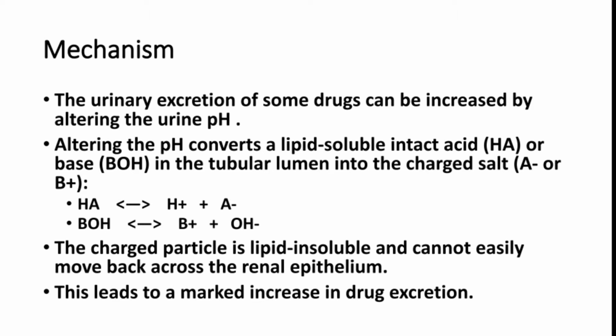This charged particle is lipid insoluble, so it will not be stored in the fat tissue and cannot easily move back into the body across the renal epithelium. This leads to a marked increase in the drug excretion.